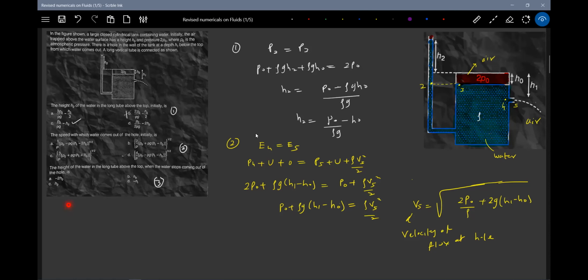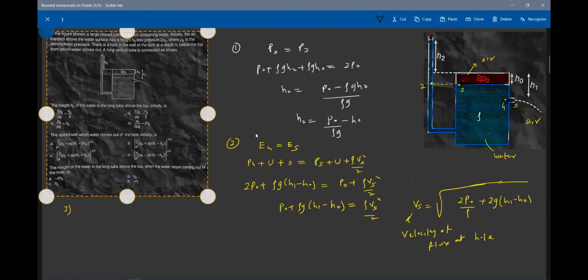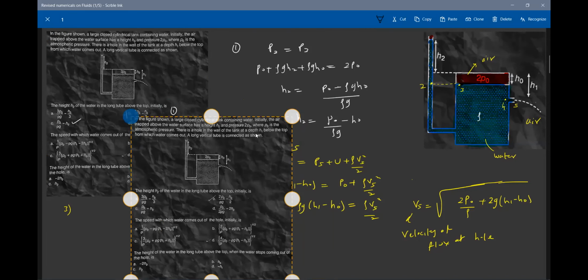Okay, the last part. The height of the liquid is being asked, the height of the liquid from the top. The height of the water in the long tube above the top when the water stops coming out. And I'll bring the small diagram so that it'll be easy for you.